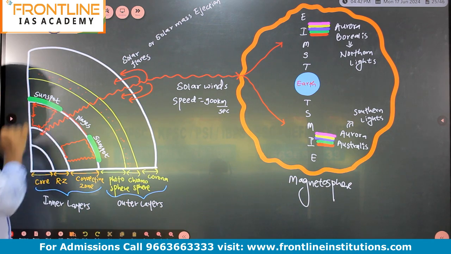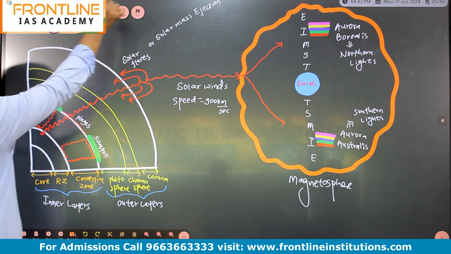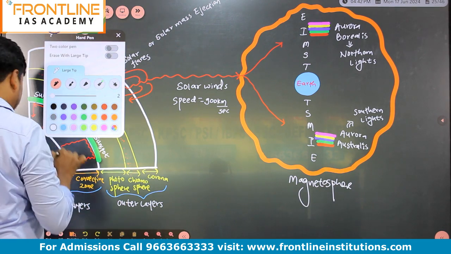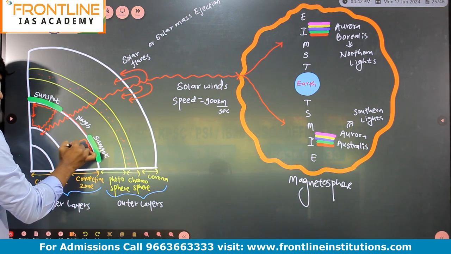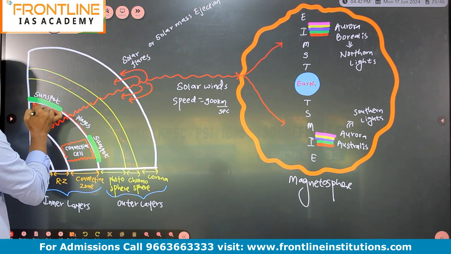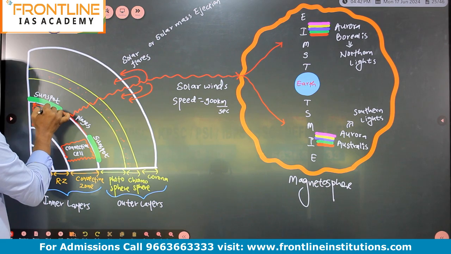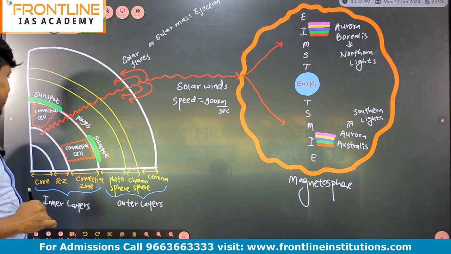That circulating radiation we call the convective cell. Very important. It is also known as the convective cell.